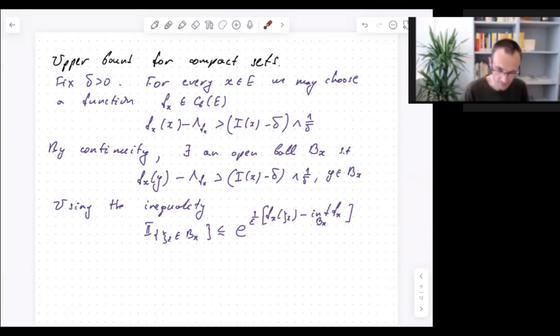So we have that inequality, and now using it, we will take the expectation of the left-hand side and the expectation of the right-hand side. Let's do that.